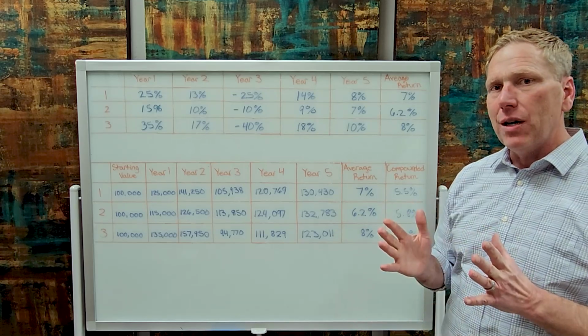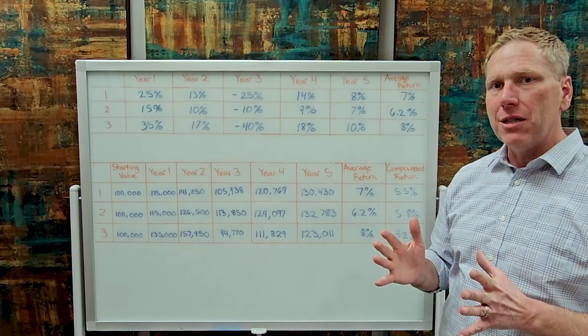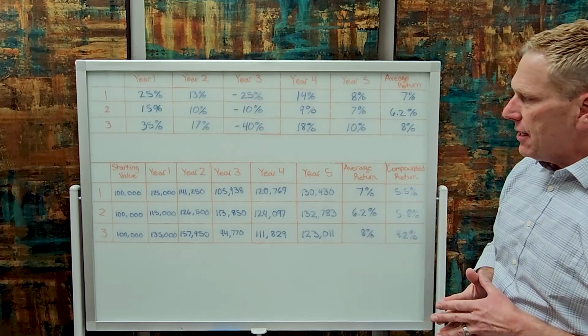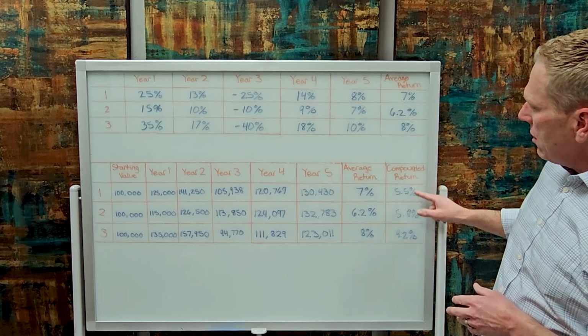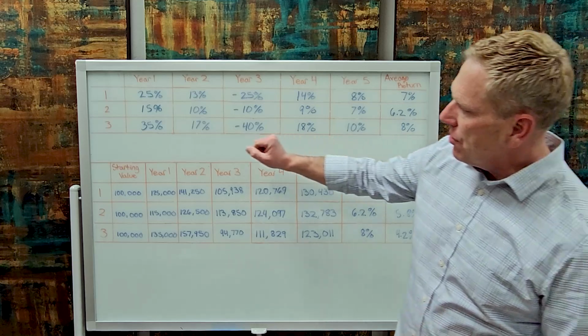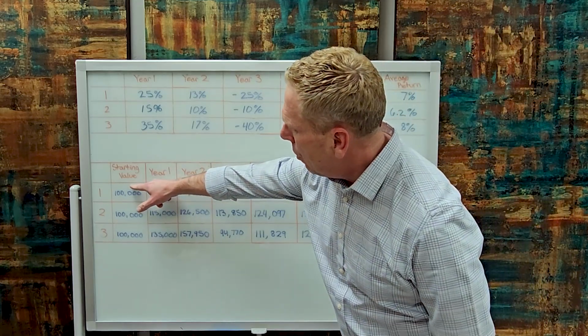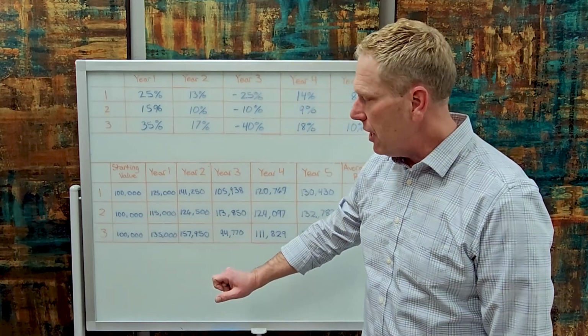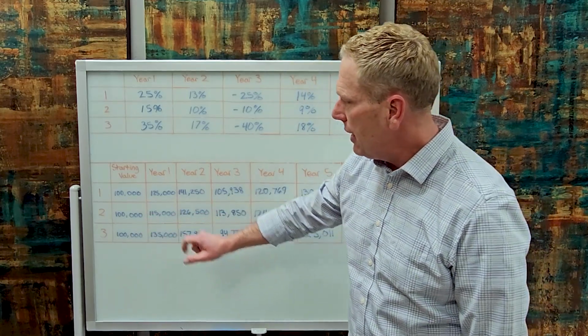The other side of the equation is actual compounded return of a net sum of money. So in these next scenarios, we're looking at compound returns. Now, these scenarios are the same. Scenario 1, scenario 2, and scenario 3. We invest $100,000 in each one of those.